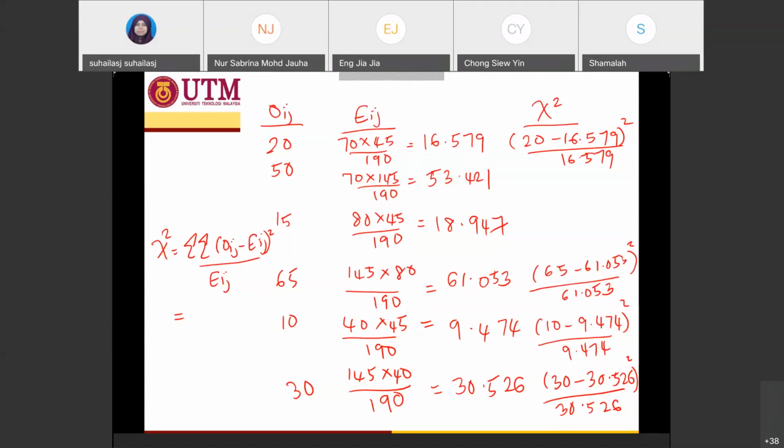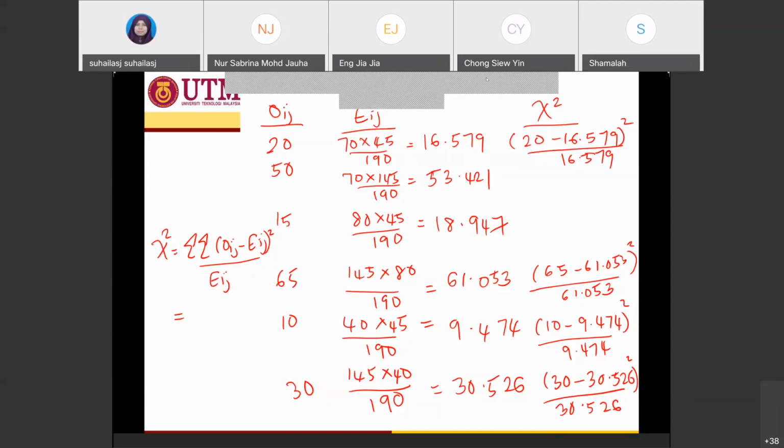Okay. Do you have the value for the chi-square? Has anyone totaled up?